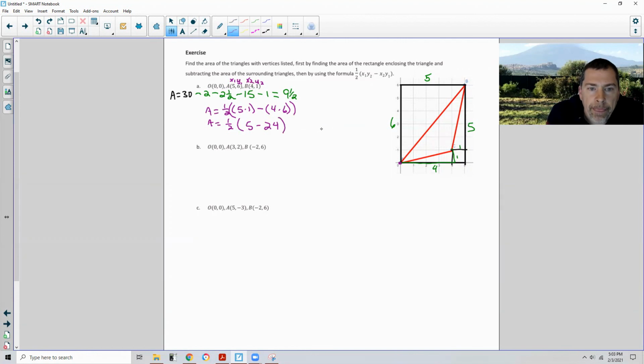Okay. All right, so what's going to happen here is we're going to get area equals 1/2 of negative 19, which would be negative 9 1/2.